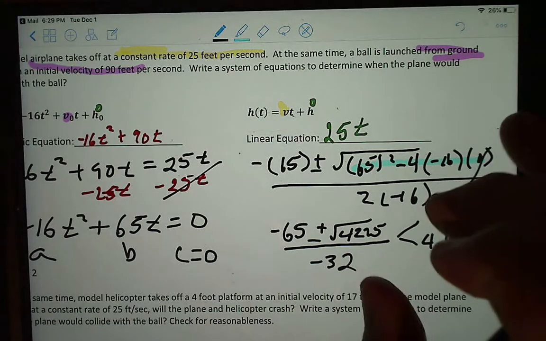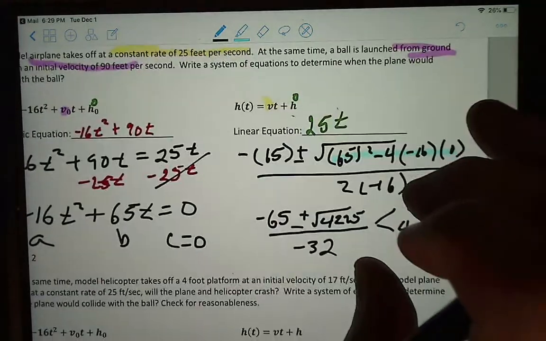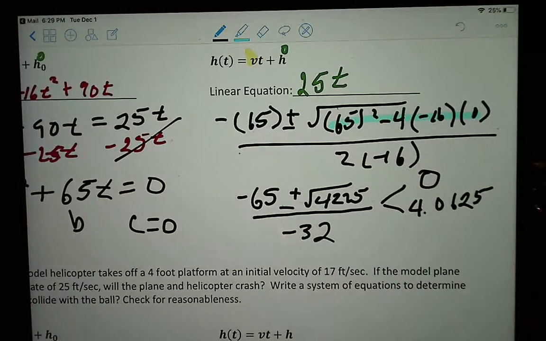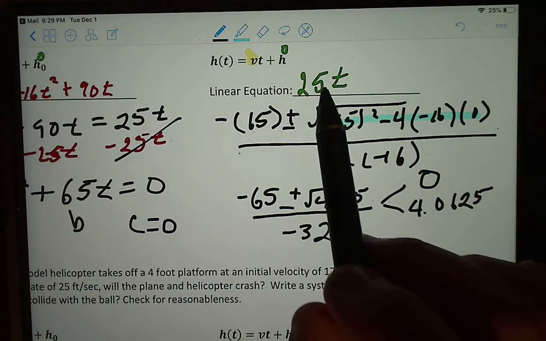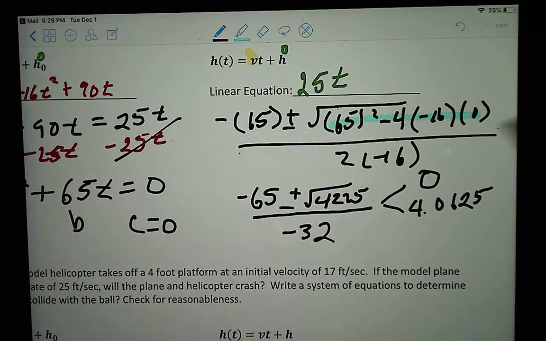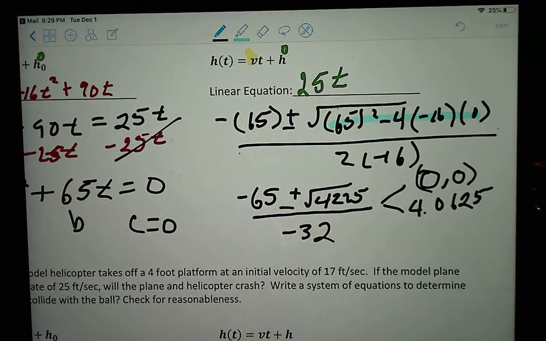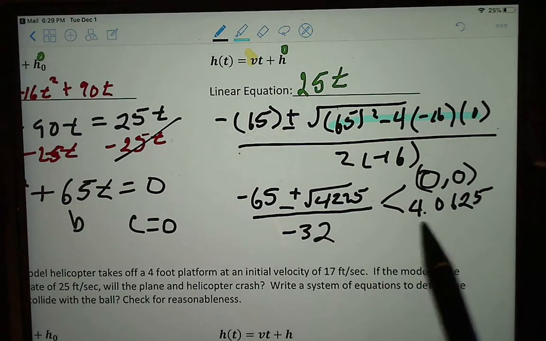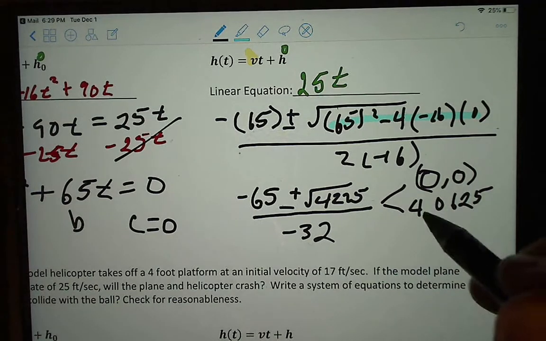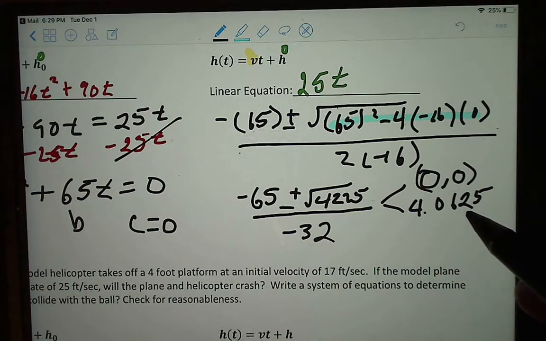And then what I want to know is, when does the plane actually hit the ball? So here's kind of the thing, and this is where the reasonableness comes into play. If I use my equation here of 25t, if I do 25t times 0, then I know that this first answer here is going to be 0. So that's not the one I'm looking for. What I want to know is this right here, because this is 4.0625 seconds.